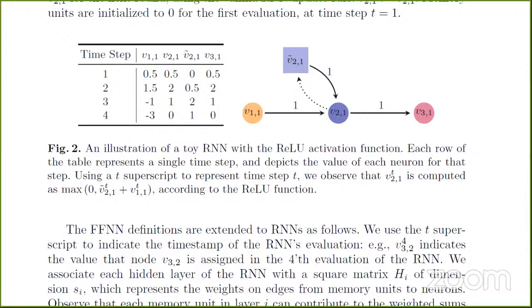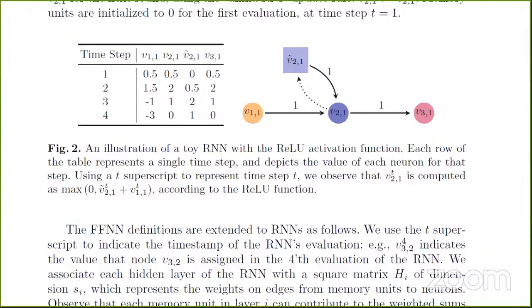The value at 21 is, sorry, 1.5 times 1, which is coming from 11, plus half times 1, which is coming from 21 tilde. So this 1.5 and half gives you 2. Therefore the value at 21 is 2, and 2 is what is propagated to 31. And then this 2 gets written into the memory unit.